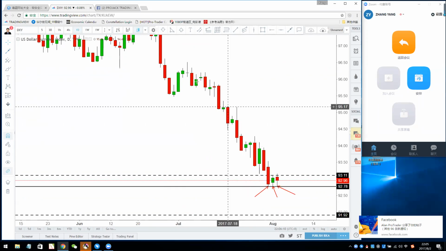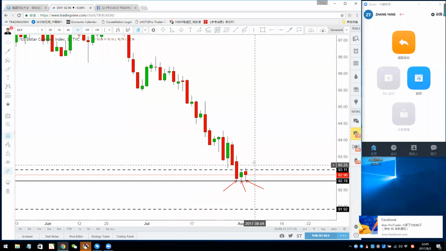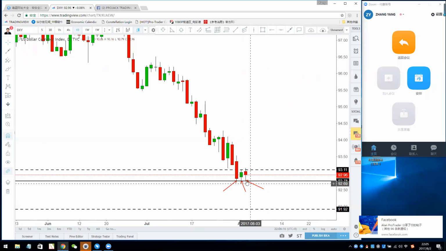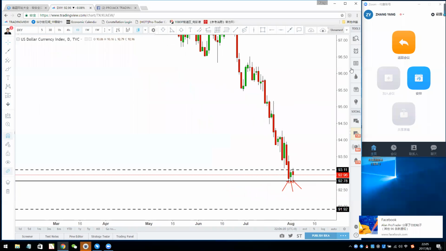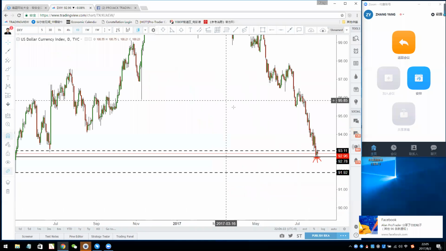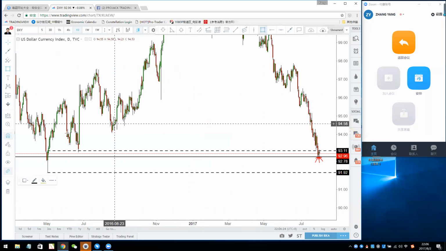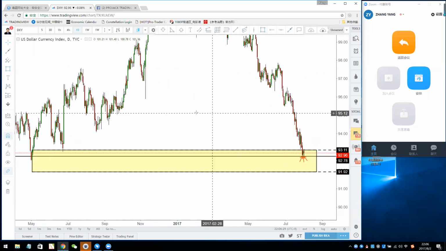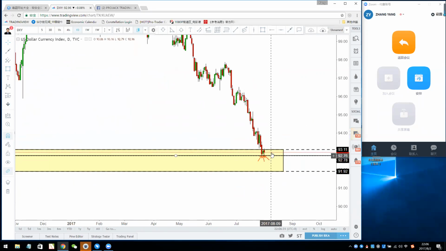You can see the bears are kind of losing power. It couldn't go lower, and a very important reason is that it found very strong support from this area. It's right in the buyers' zone.